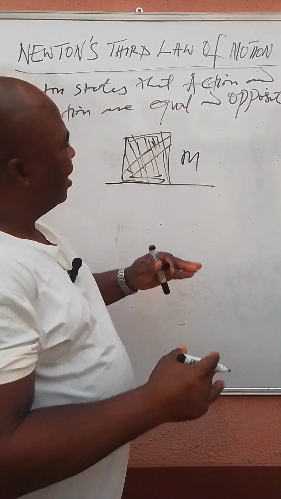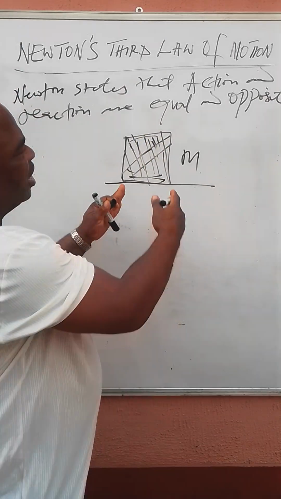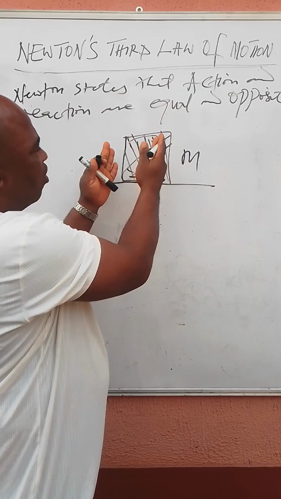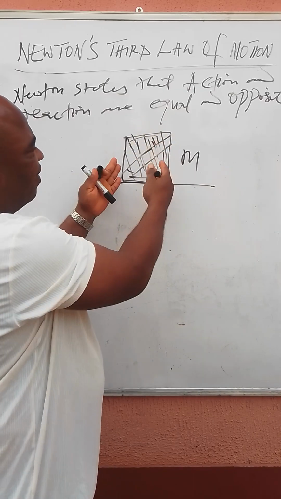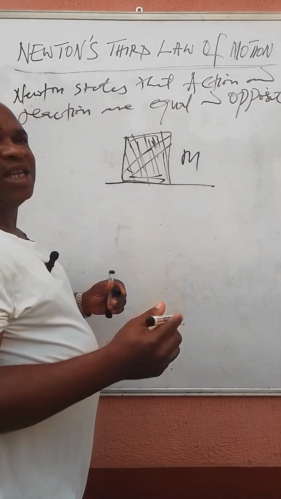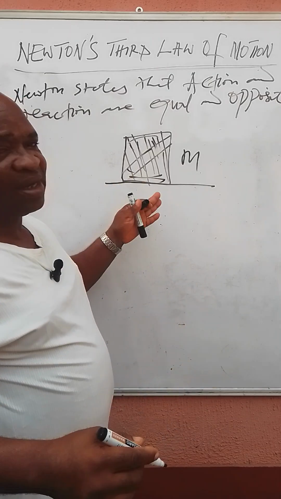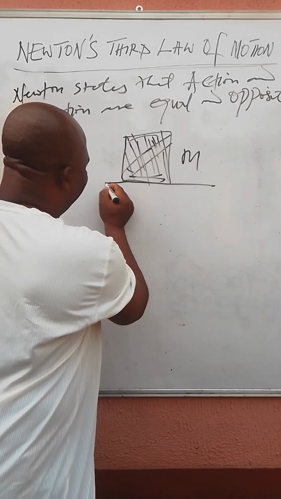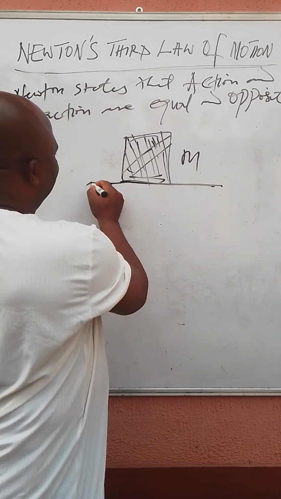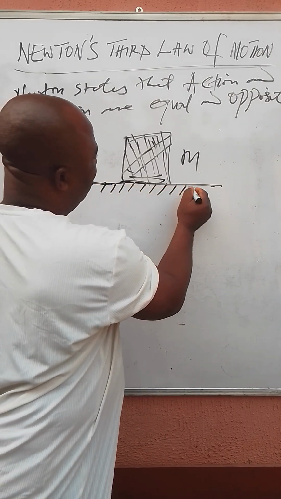But what we know is that we have two different bodies here. The heavy block of wood or stone or whatever, in as much as it has mass and occupies space, is seen as a different body. So this is another different body here. It can be a table, it can be any platform. Let's say it's a table.